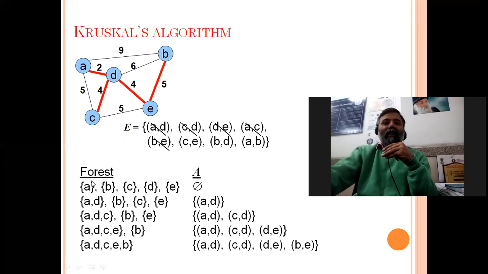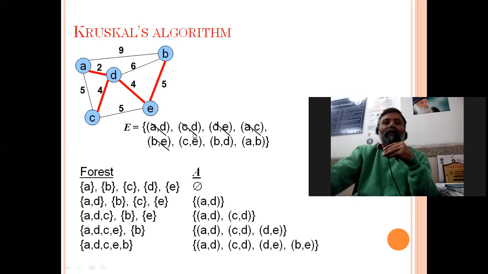Say it is capital U and it is capital V. So we will add this edge AD to this safe edge set capital A. So now this AD is in the set A, and we will merge both sets A and D. So now this is the result of the first iteration of the loop, so we have worked on this edge.